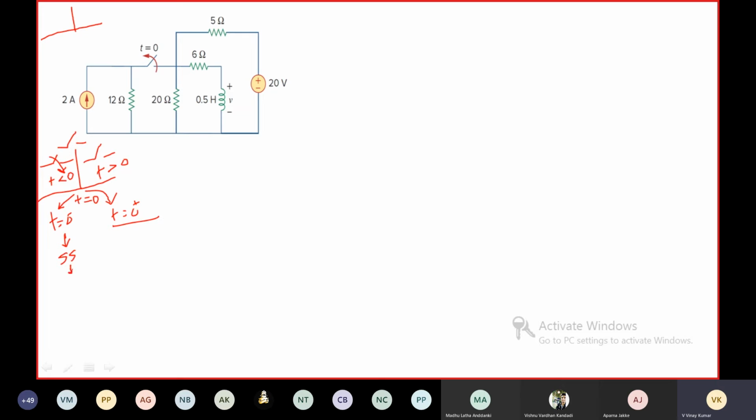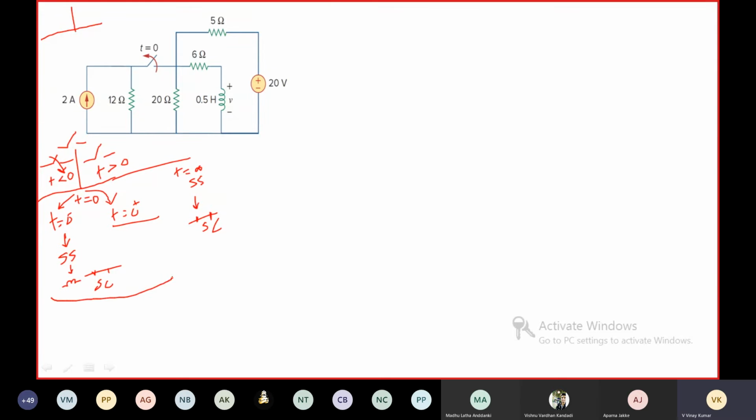Under steady state DC current, the inductor acts as a short circuit. For t greater than 0, when time approaches infinity, steady state occurs. Under steady state DC current, the inductor acts as a short circuit. Now let us find the initial value.